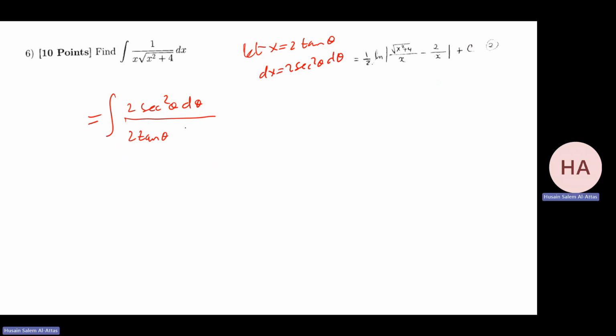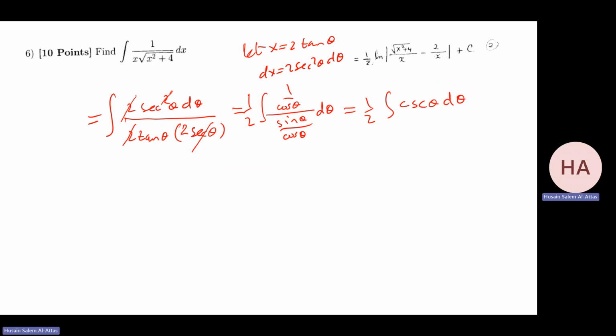So I have 2 secant theta. 2 cancelled with 2 and secant squared with 1 secant. So we have 1 over cosine theta over sine theta over cosine theta d theta, and half outside. That will be half cosecant theta d theta.